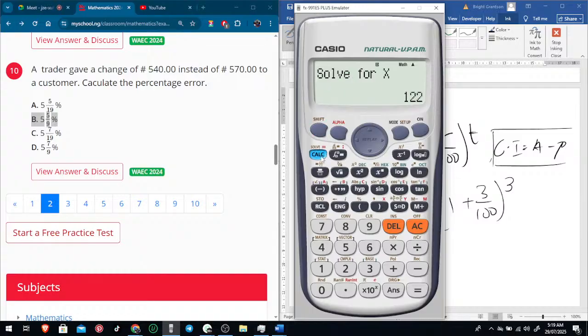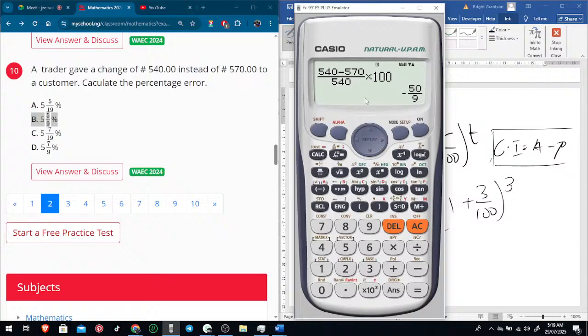Shift solve equal to. You see, you get 5.555555. Then you go and punch the options. The one which will give you 5.55. Shift fraction, 5 whole number, 5 over 9. When you punch it on decimal, you see 5.555555. Do you understand? Yes, sir.